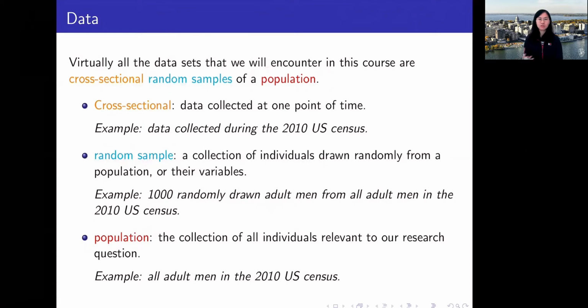So suppose we want to know the expected hourly wage for adult men in the United States, then all the adult men in the United States, for example, in 2010, would be the population that we are studying. So a random sample is randomly drawn from the population. So that basically describes the majority of the data sets that we will encounter in this class.